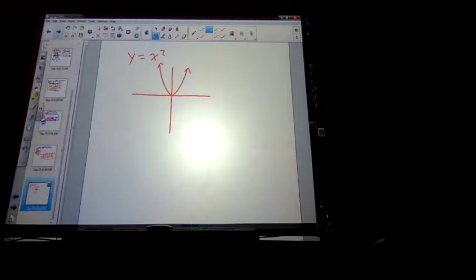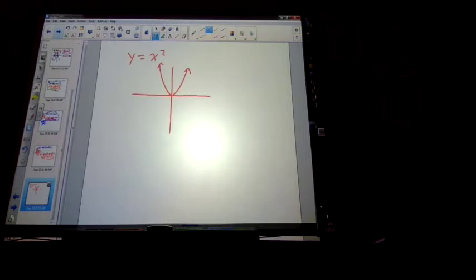I will tell you this is an even function. If I take negative x, plug it into x squared, I get x squared out. Does this function have symmetry about the x-axis, the y-axis, both of them? Neither of them. Where can I fold it? Well, I want symmetry. Is there a line of symmetry? I can fold this over on top of itself.